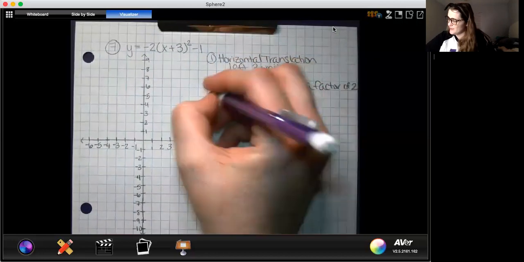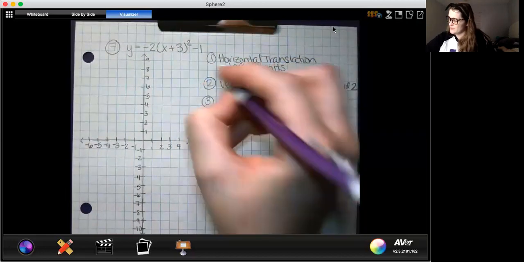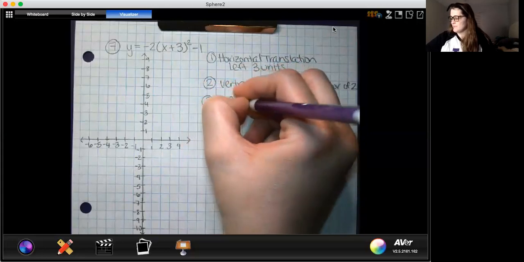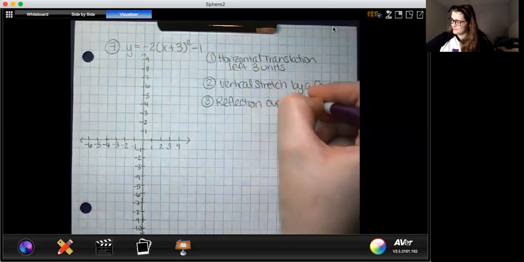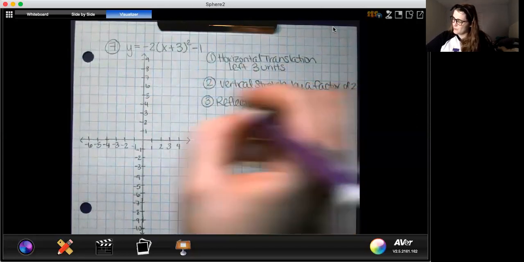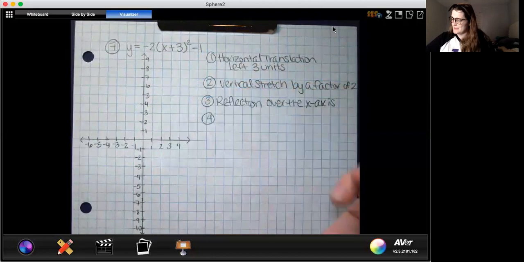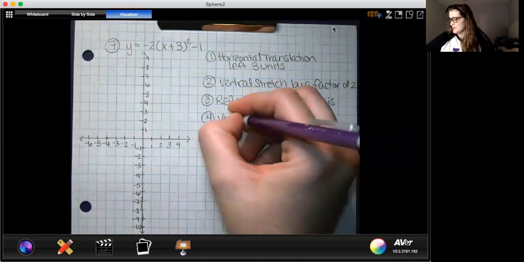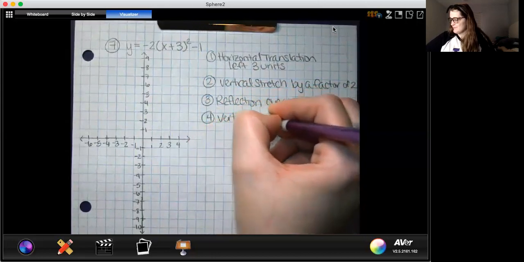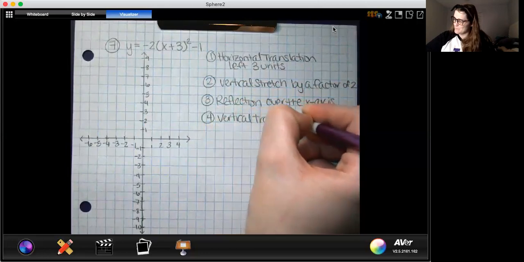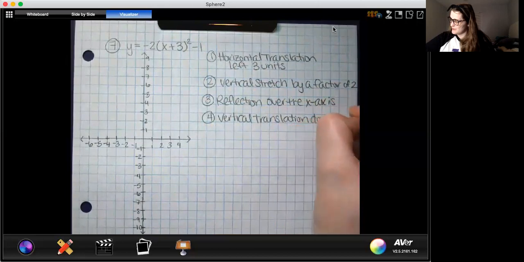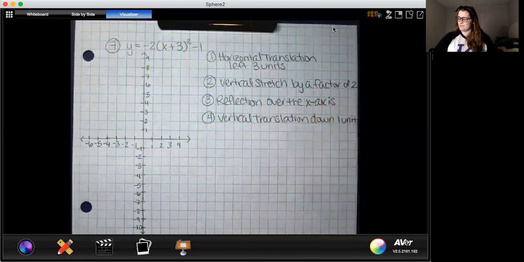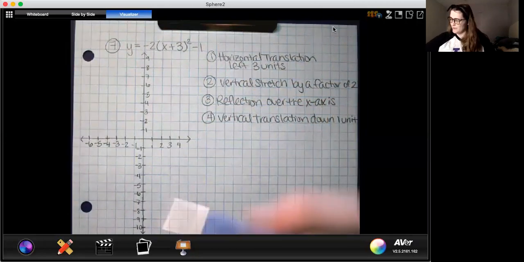Now we have number 3, which is our reflection over the x-axis. And number 4, last but not least, is our vertical translation down 1 unit. I'm going to go ahead and again go through with my colors.